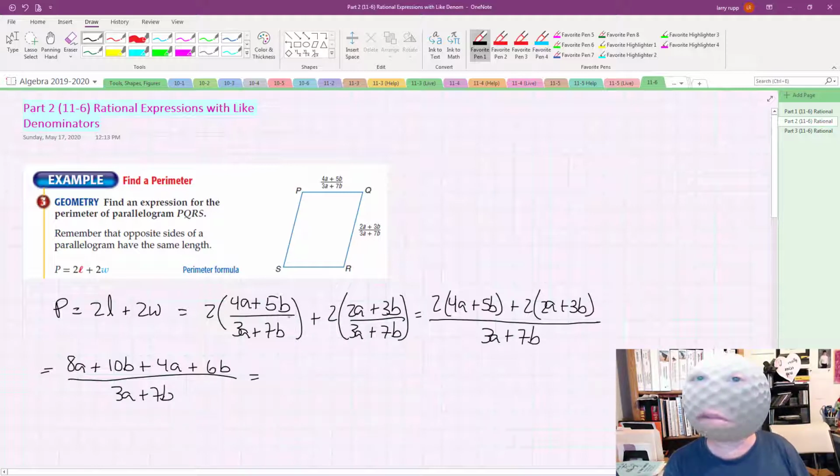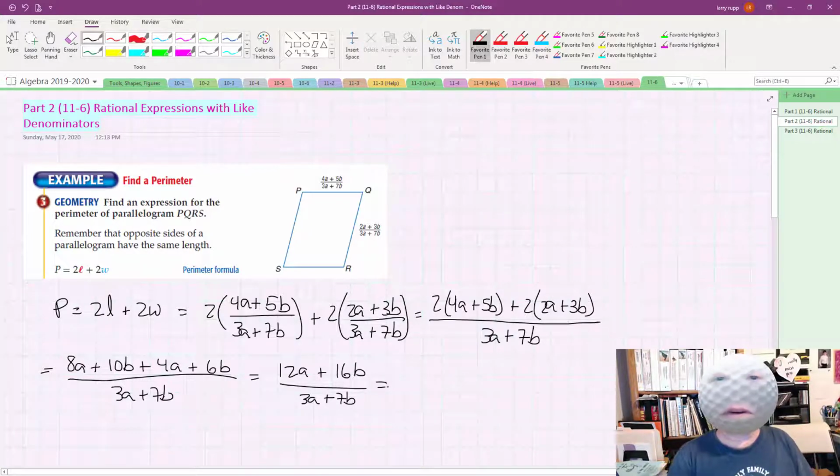Now we're going to combine like terms. 8a plus 4a gives us 12a, plus 10b plus 6b, which is 16b, all over 3a plus 7b.